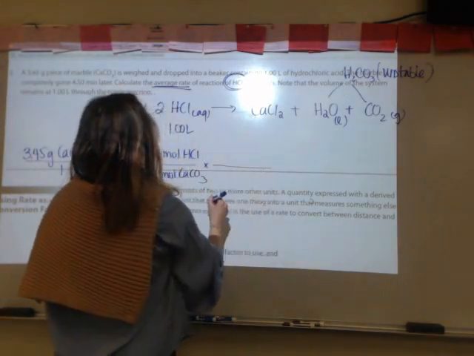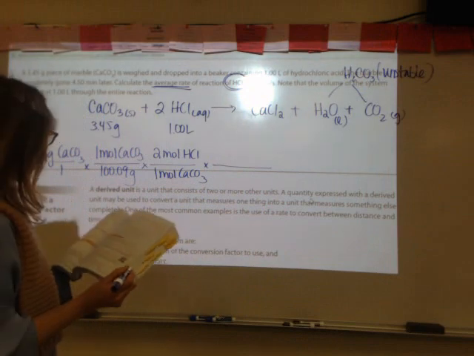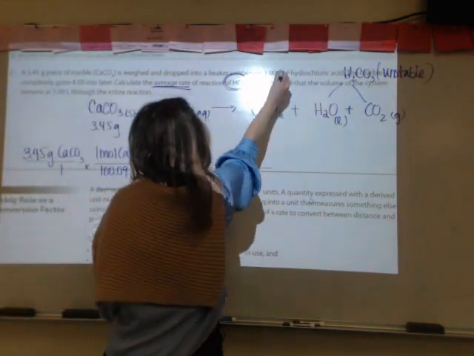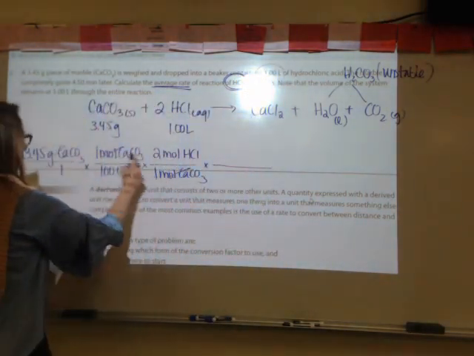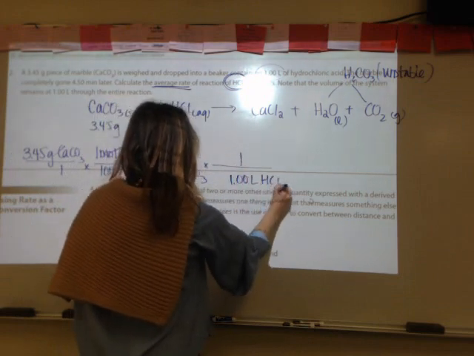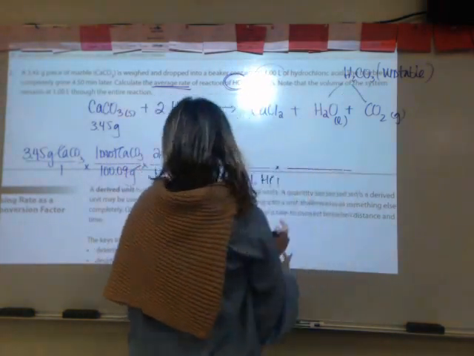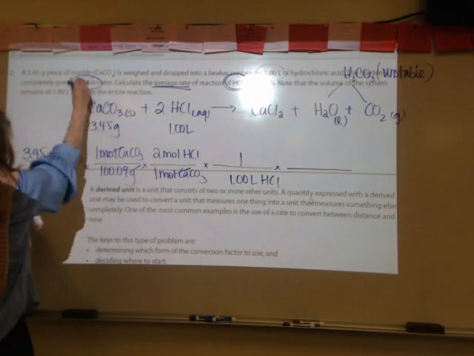And then we need this in molarity per second. So that means you're going to have to put this liter of hydrochloric acid here, since you have moles of HCl, to give you a molarity. And then what we have to do is incorporate our time. The time was 4.5 minutes.